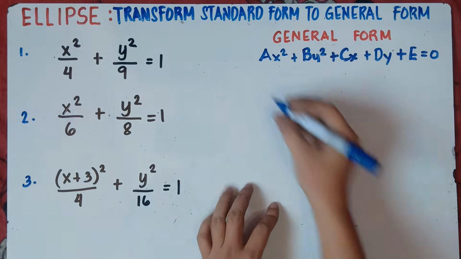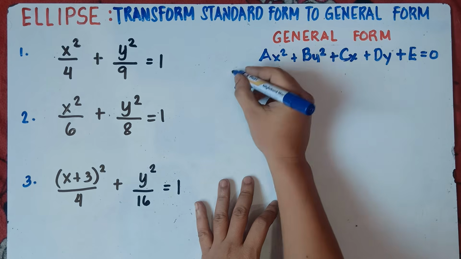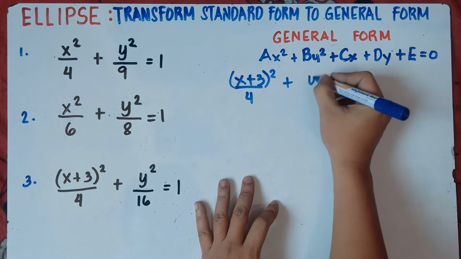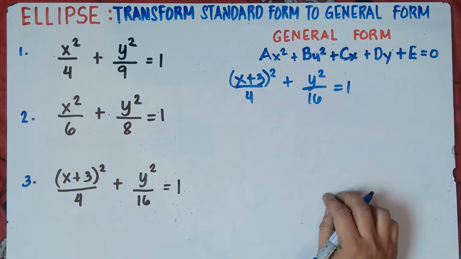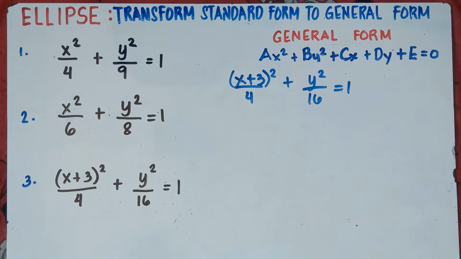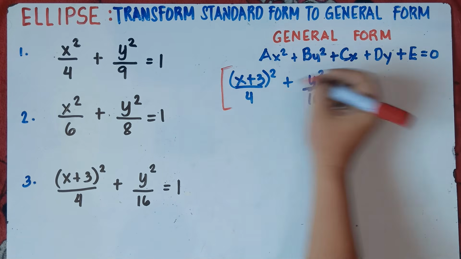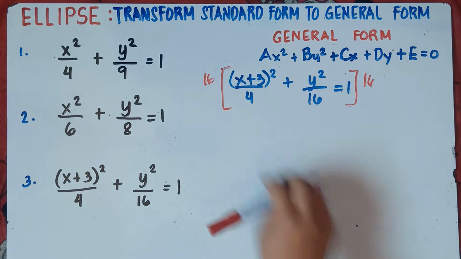Alright, so let me copy the equation: x plus 3 over 4 quantity squared plus y squared over 16 equals 1. Once again, what would be the LCM of 4 and 16? You find the least number that we can divide both 4 and 16 by. Of course, that would be 16. So the LCM is 16, and you multiply 16 by every term.